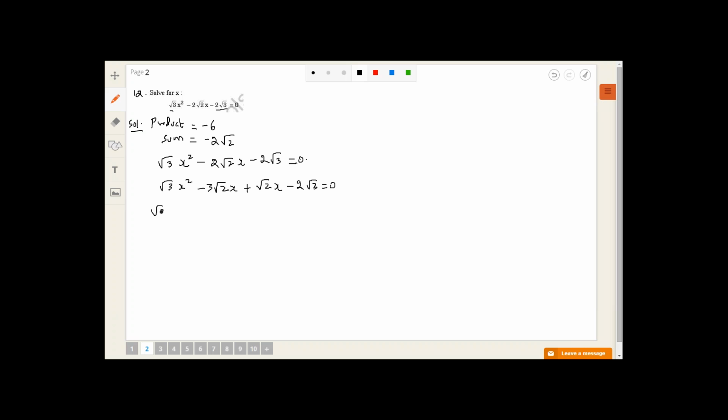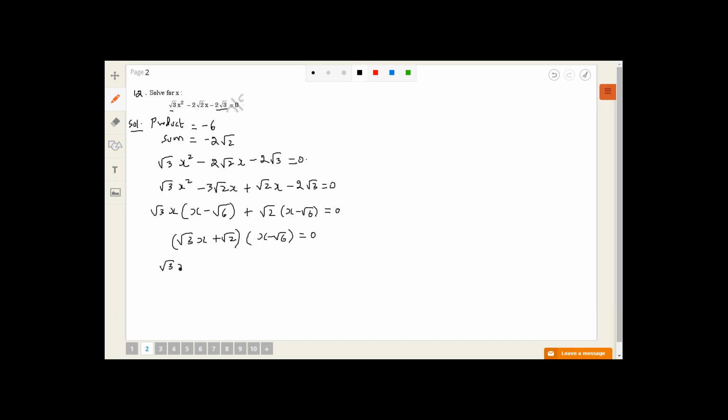Now taking root 3x common, we have x minus root 6, plus, if you take root 2 common, we get x minus root 6, that is equal to 0. So this can be written as root 3x plus root 2 into x minus root 6 equal to 0.